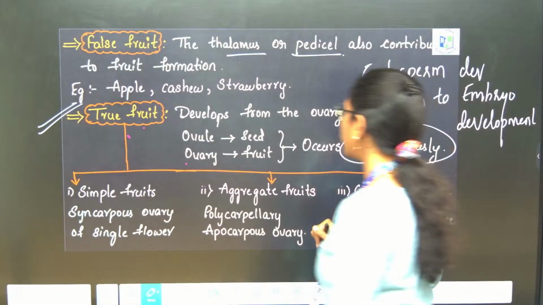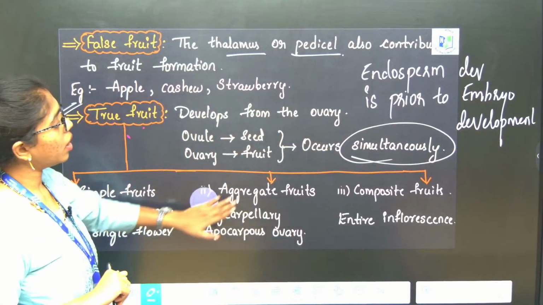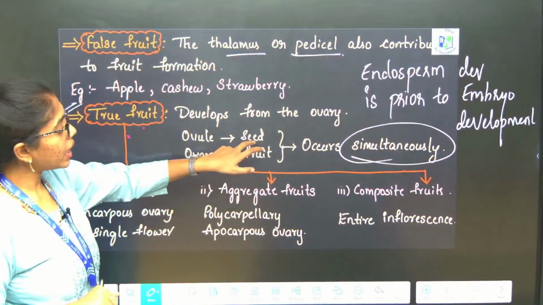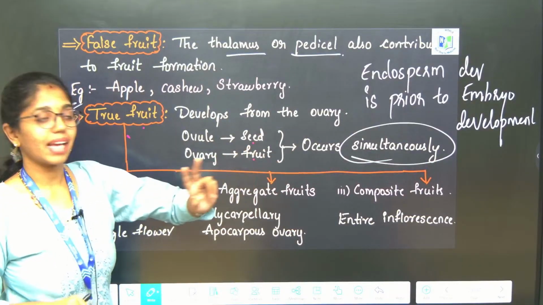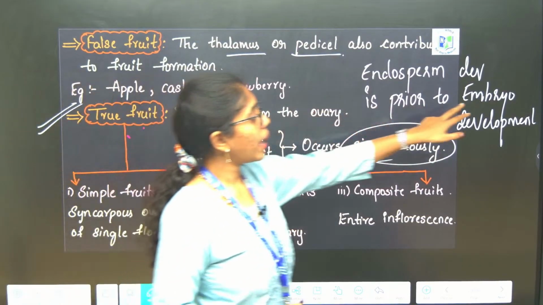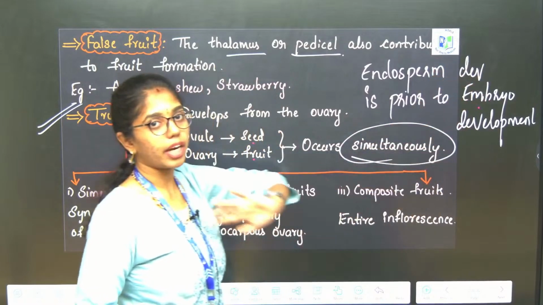But if you consider seed and fruit formation, it takes place simultaneously, whereas embryo development happens after endosperm development.